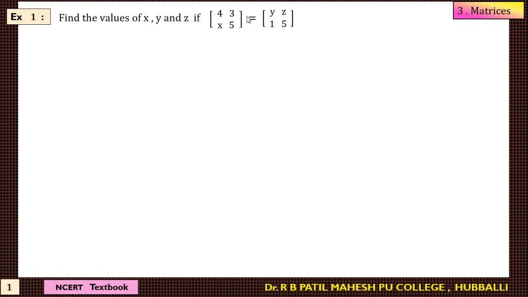In this example two matrices are given equal, and some elements are unknown. You have to find the values of those elements. Now let me solve the example.